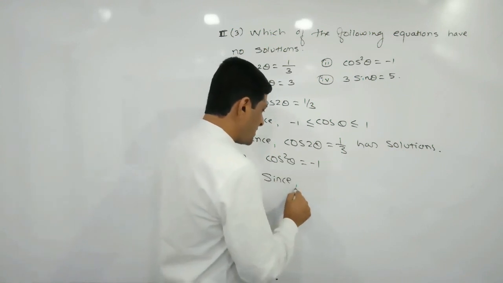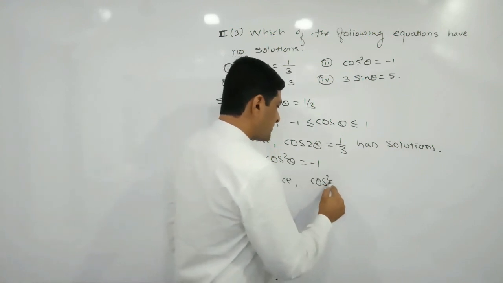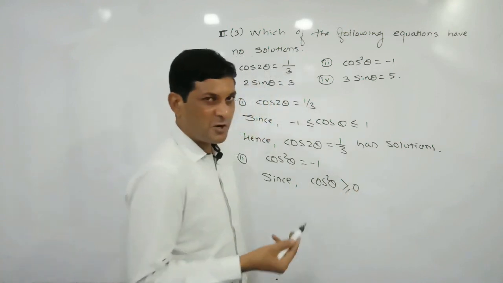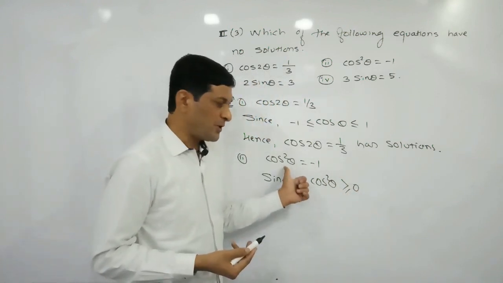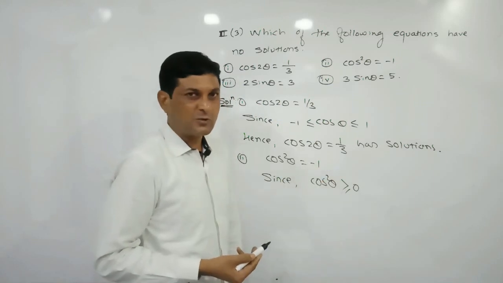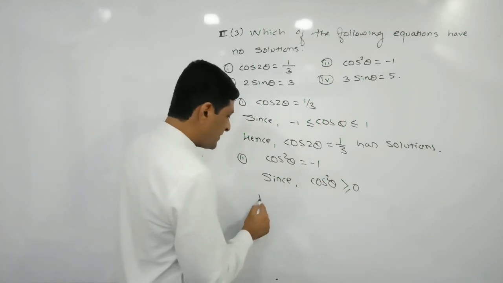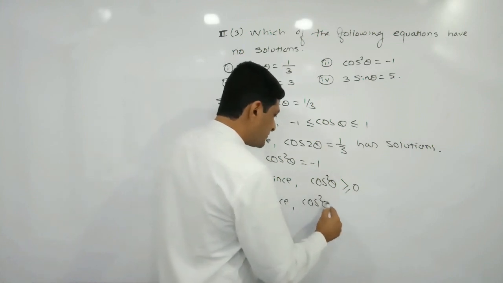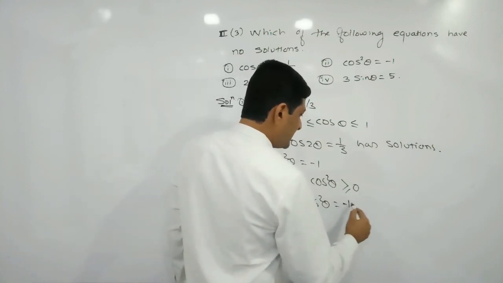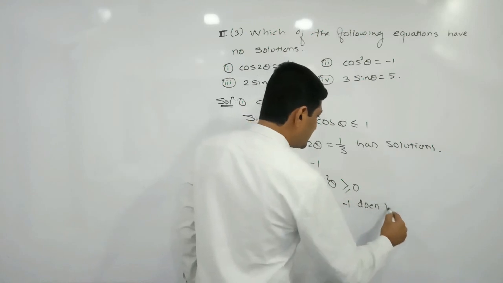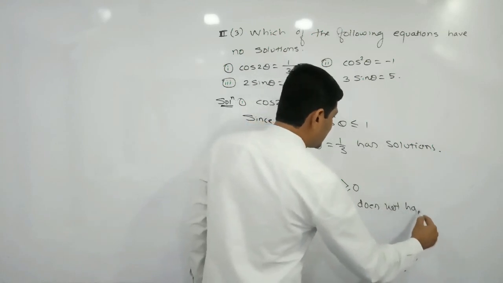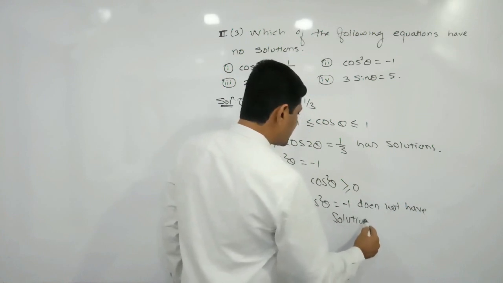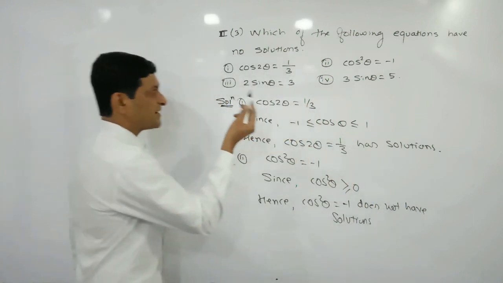Since the value of cos square theta is either equal to 0 or greater than 0, but it cannot be negative, it is impossible that cos square theta is equal to -1. So that's why we can say that this trigonometric equation, which means cos square theta is equal to -1, does not have solutions.